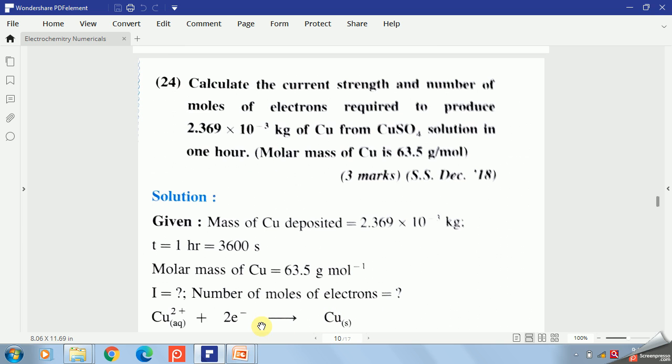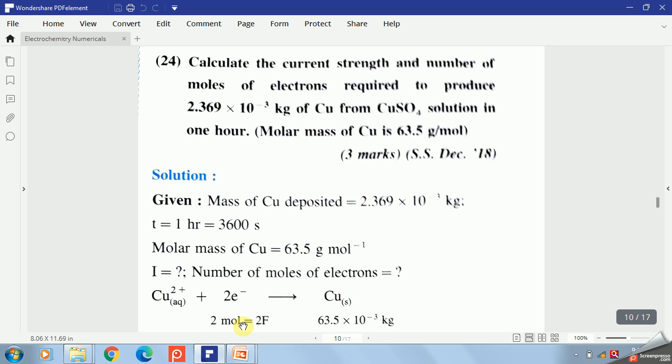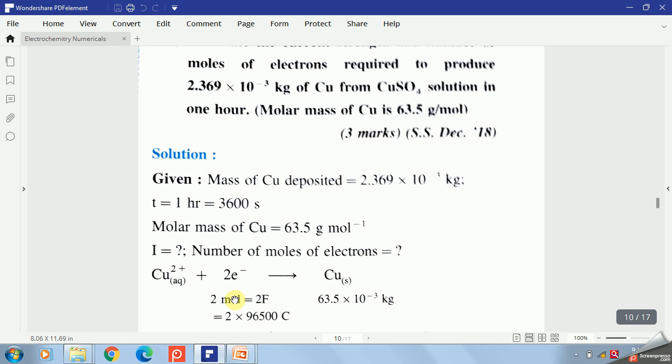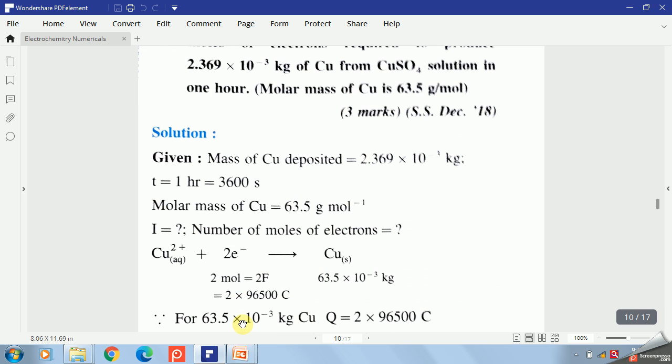So to produce 1 mole of Cu, 2 mole of electron are required. That means 2 Faraday. And what is 1 mole of copper? It is equal to the molar mass 63.5 gram per mole, that is in kilogram, 63.5 into 10 raised to minus 3 kilogram. So 1 Faraday means 96,500, into 2 means that much Coulomb.